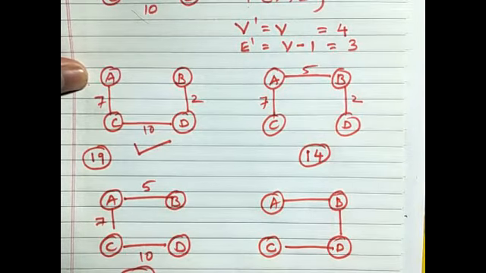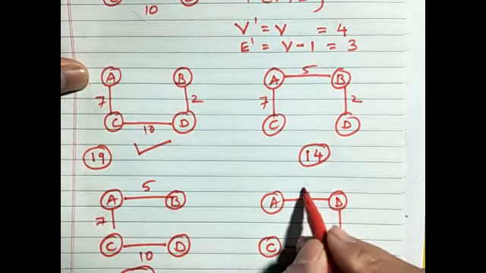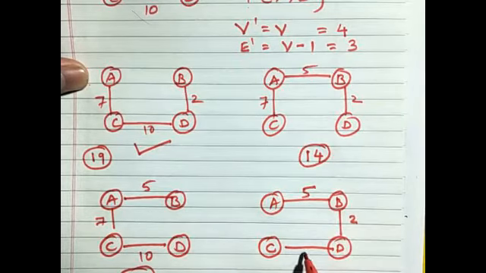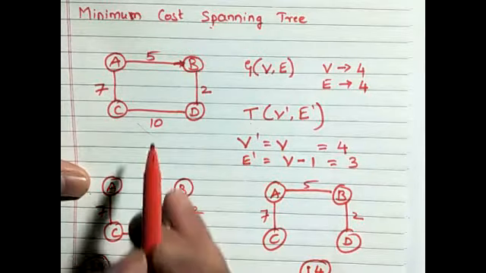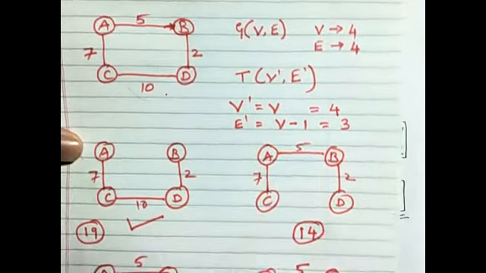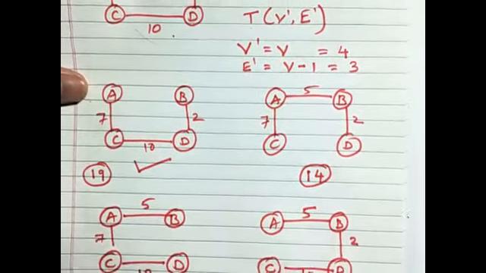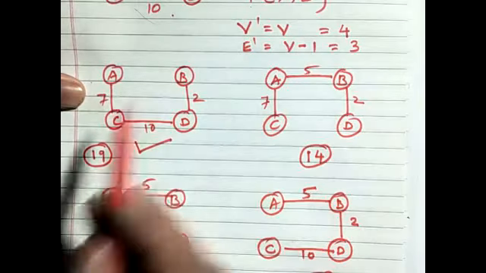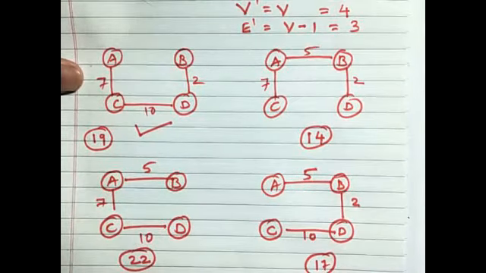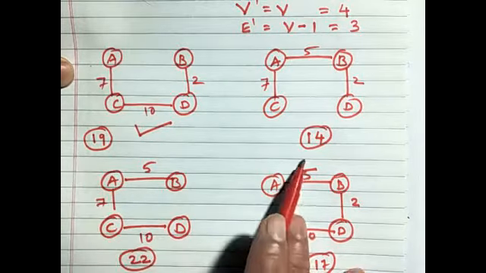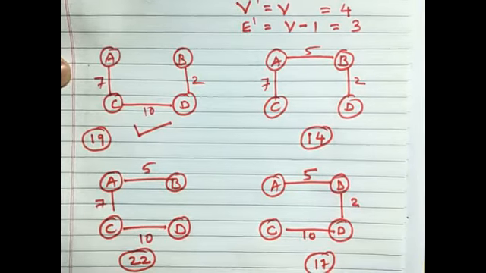This is also another spanning tree, and the costs are 5, 2, and 10, so it comes to 17. So from a given graph, we can derive a total of 4 different spanning trees, and the costs of these spanning trees are 19, 14, 22, and 17.